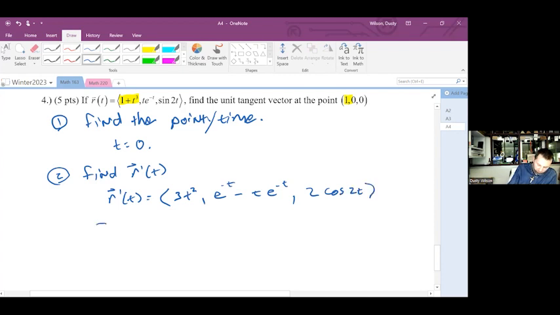And we get that r prime of 0, that's our time, is equal to 0, comma, looks like we have 1, comma, 2.